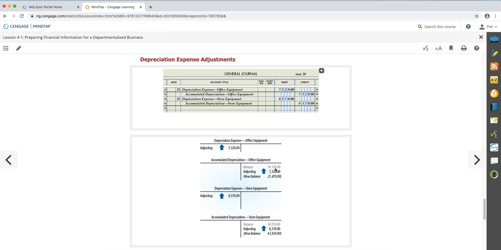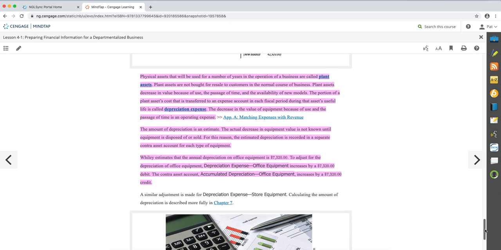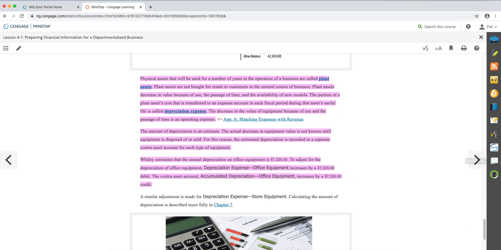But you can see we have a balance of $14,000 accumulated depreciation of office. We need to keep increasing this balance. Every year we will have depreciation, and then we need to show this expense, this depreciation, because we want to match expenses with revenue, and that's what they're talking about here.